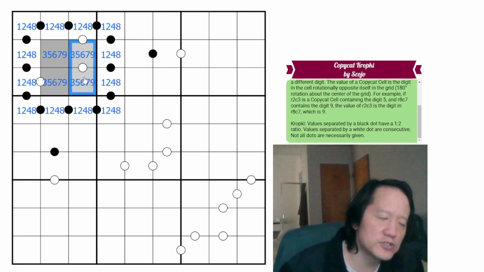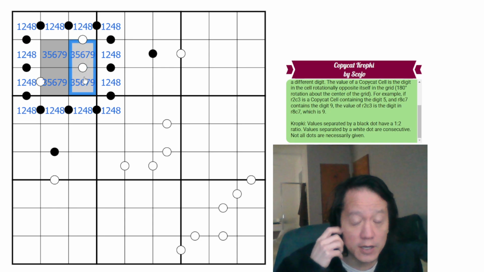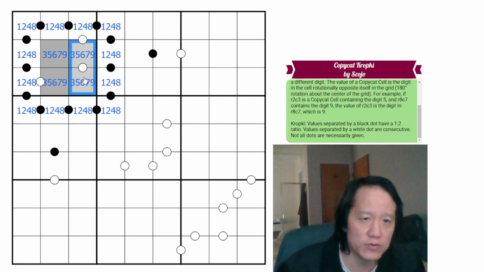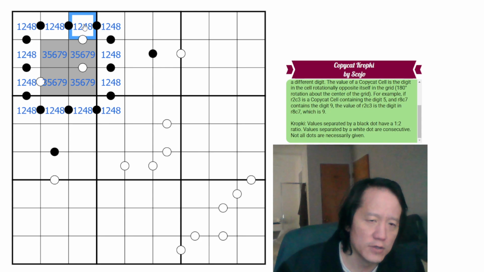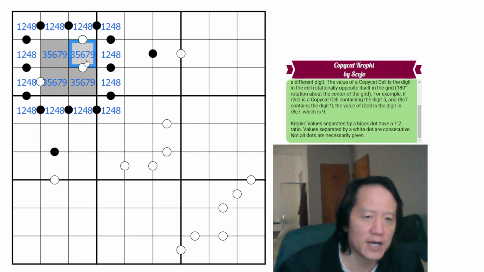We know these two are not copycat cells, and they must have consecutive values. So this has to be 6 with 5 or 7. If the 6 is here, the value can no longer be 1, 2, 4, or 8. Therefore, this cannot be 6.